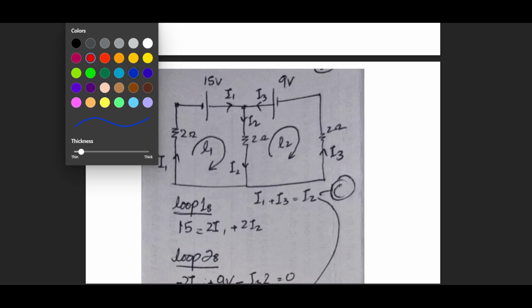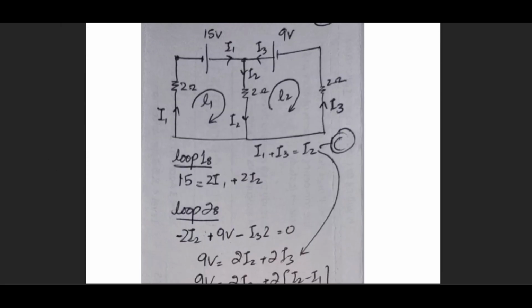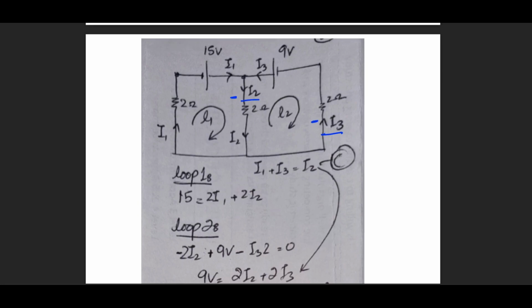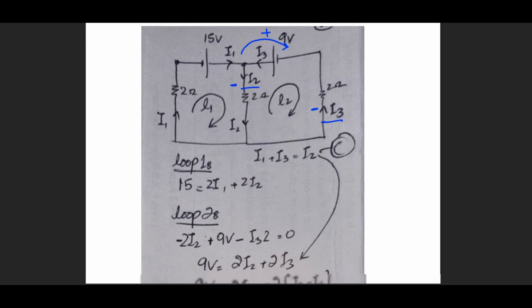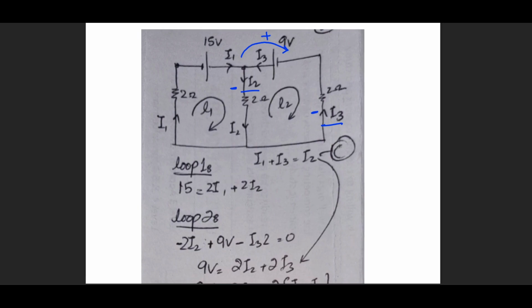Anyways, let's move to this side. Loop 2. I chose this direction, my choice, no problem. But if you notice, I3 is opposite to my choice, and I2 is also opposite to my choice. So I'll have to add a negative sign for both of them. Plus, when I consider the loop direction from this angle, I see that I'm entering the positive of the battery, which means that the battery will be taken as positive.